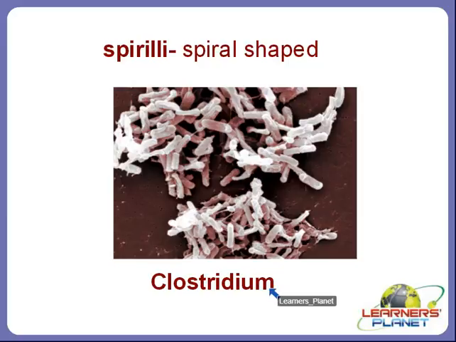Where is this Clostridium present? It is generally found in fecal material. The waste which we release from our body is called feces, the undigested food material, and Clostridium is commonly found in such samples. When this mixes with sewage water, it increases the count over there.